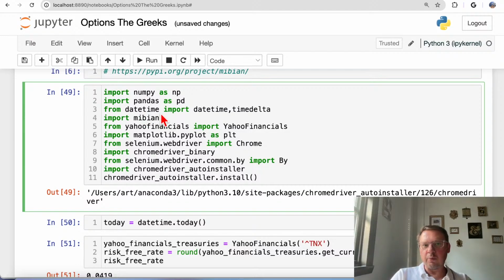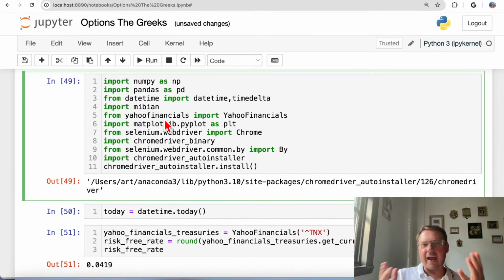We need to import datetime module in Python because we need to calculate time delta. I'll explain you, because remember, options, they got expiration dates, and that will help me to find options that I really want to. And then this library, it's for actual price calculations.